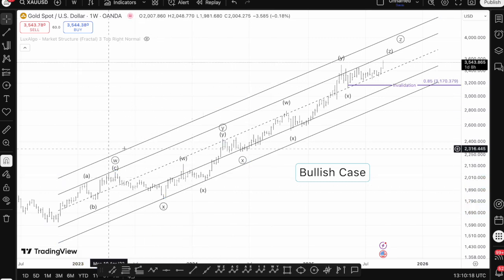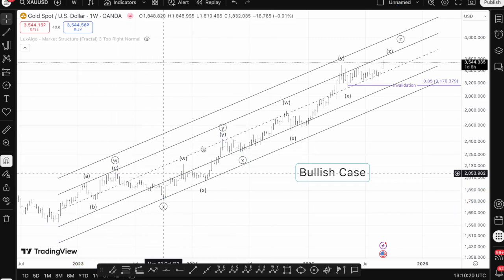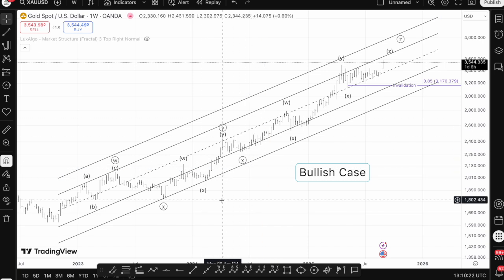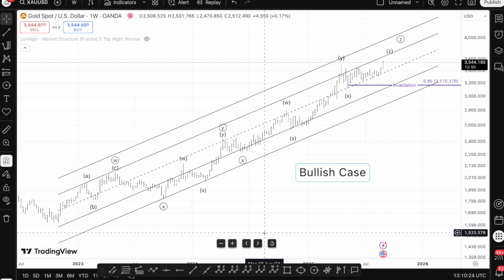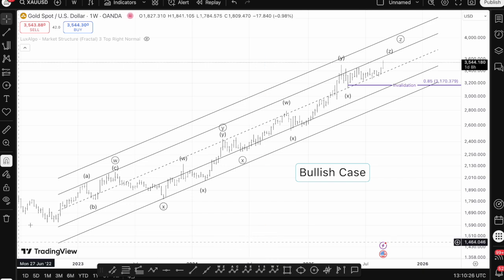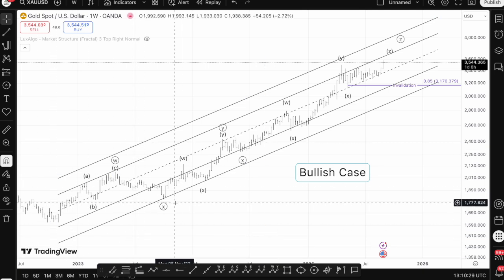And I want to talk about these correction waves too, the first and secondary waves of X. The first thing I have to mention is that all these moves are comprised of corrective structures, which is the main reason I'm counting them as corrective complex waves and not as impulsive 1, 2, 3, 4, 5 legs.